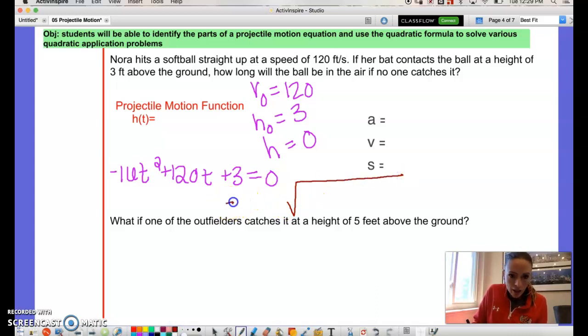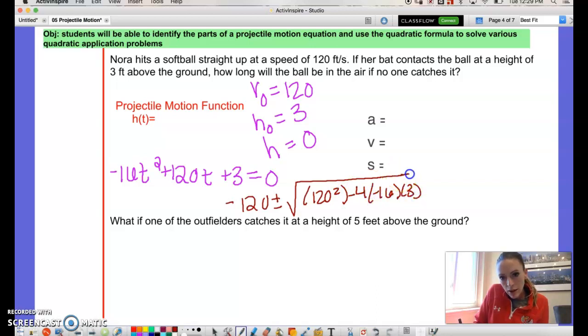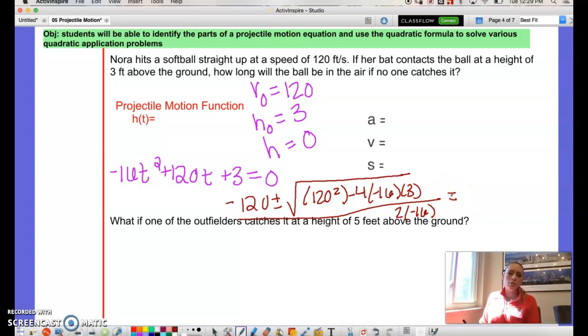We'll say negative 120 plus or minus the square root of 120 squared minus 4 times negative 16 times 3, and all of that is over 2 times negative 16. Okay, I'll give you a second. Make sure you know how to plug that into your calculator. Pause me if you need to.